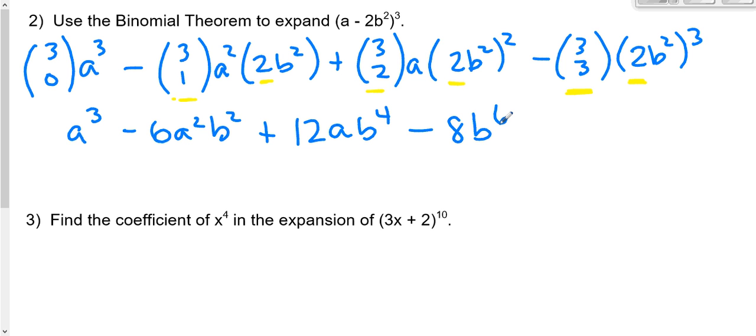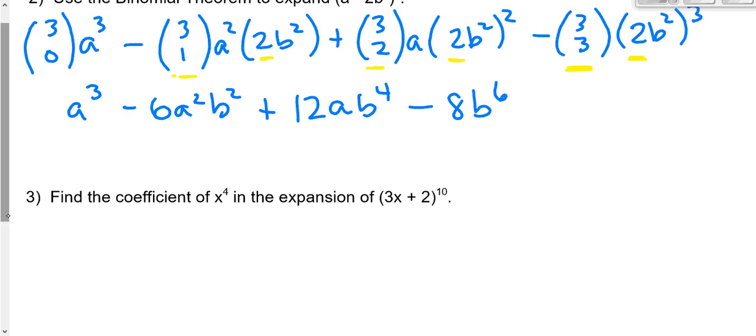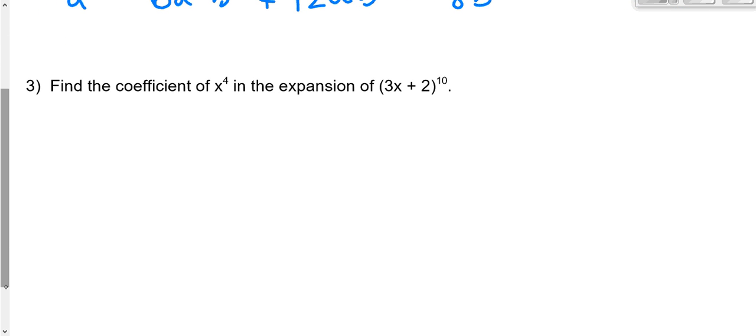Okay? And the last few examples we do are not actually writing the entire expansion. We're just talking about a single term, either giving the whole term or just giving the coefficient on the term. So number 3, find the coefficient of x to the 4th in the expansion of 3x plus 2 to the 10th. Okay, so let's piece this together.